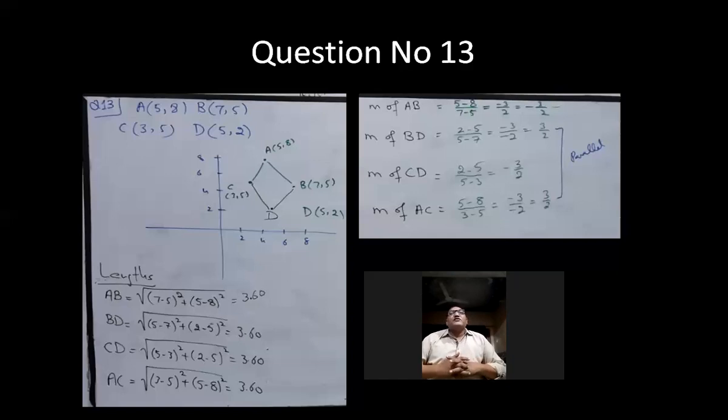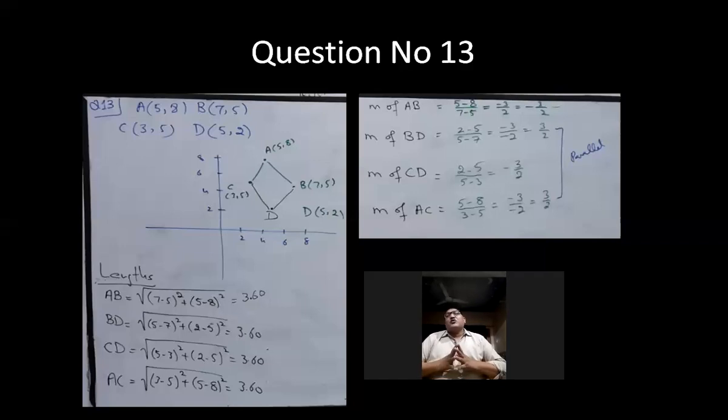You do this calculation, and the final answer will be 3.60. Apply the distance formula on the BD, on CD, and on the AC, and you will see all of them have the same length. One characteristic of the rhombus is that all its four sides are equal in length. So we have proven that all the four sides are equal in length.